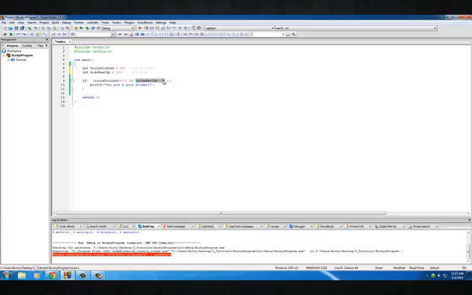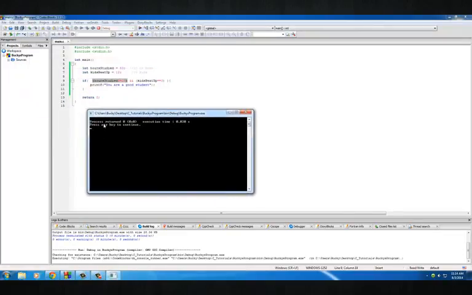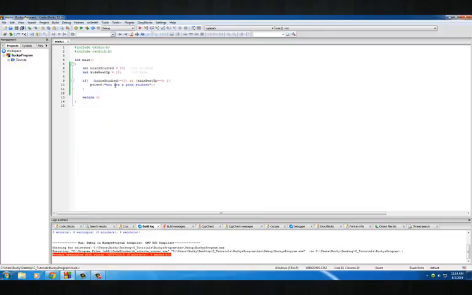However, this is false. You beat up some kids, dude. So what's going to happen is this is true and this is false. So this entire thing is not going to run, because this only runs if both of these tests are true. So again, look at that. Even though he studied the proper amount of time, he beat up the kids, so that test was false.